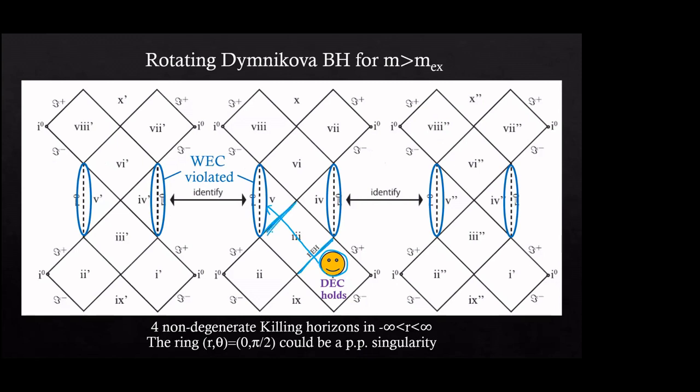And actually the space-time is symmetric with respect to r = 0. So we go like this, there is a horizon, and there is a horizon, and then we go to another asymptotically flat region. And in these blue regions, the weak energy condition is violated. Okay, but at spatial infinity, all the standard energy conditions are respected.